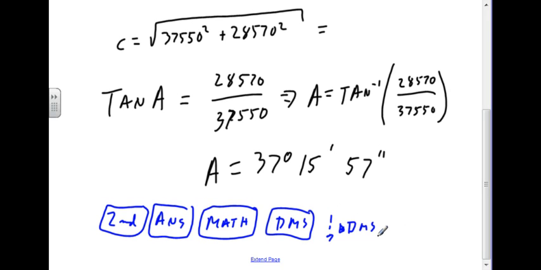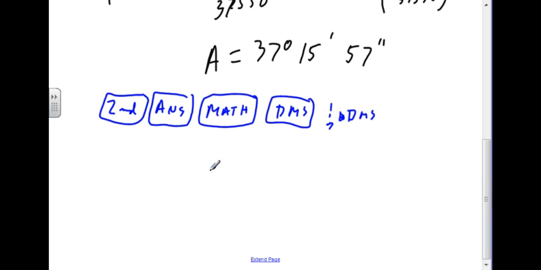All right, so now why don't we just subtract it from 90? 90 minus the answer, and I've got B as 52.7342283 or so.